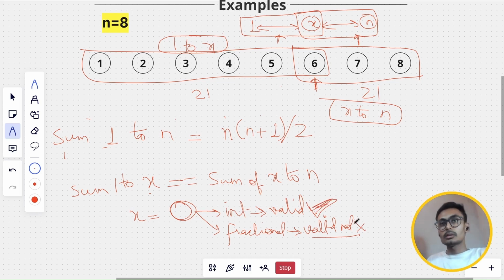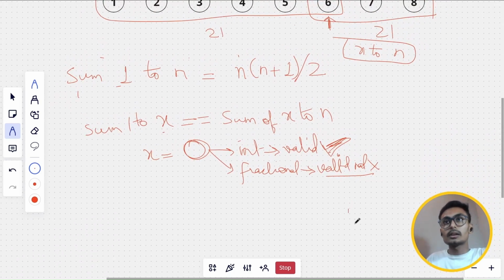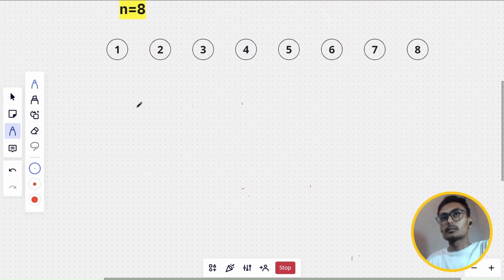So let's derive the formula first. Let's clear it first. Now first we will sum up 1 to x. What will be the formula?